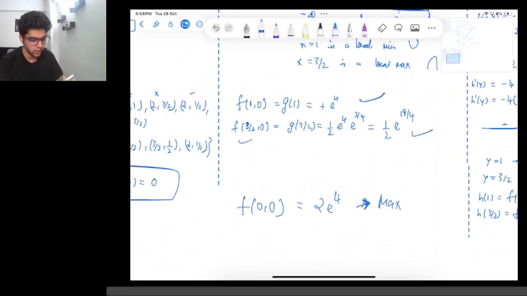So 0 comma 0 gives me my max, 2 into e to the power 4, right? So e to the power 19 by 4 is approximately equal to, if I take 19 as 16, e to the power 4.